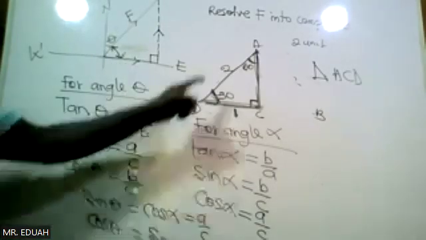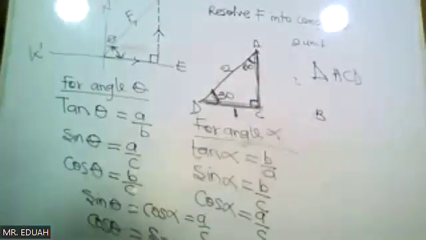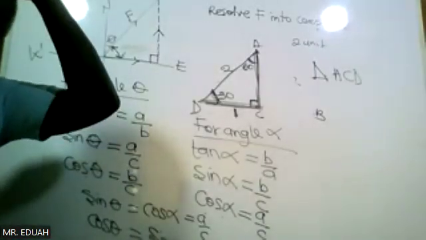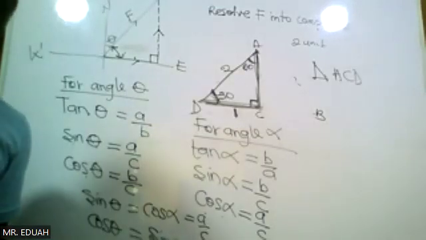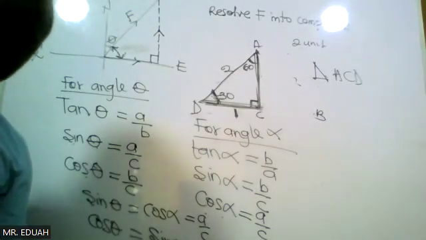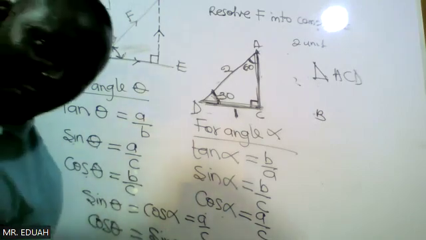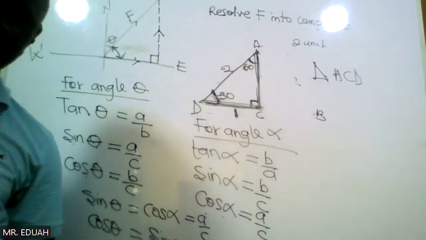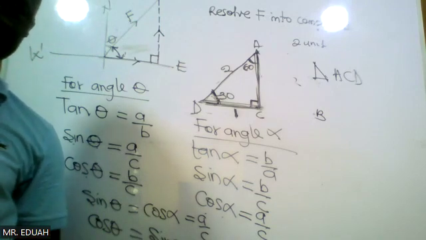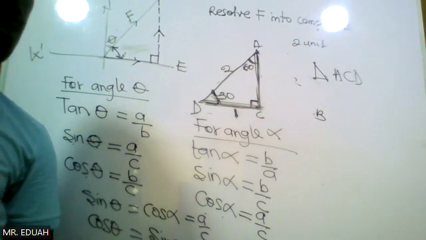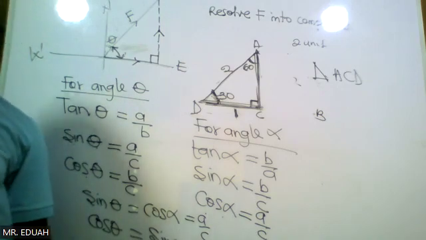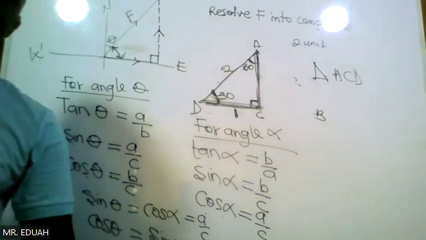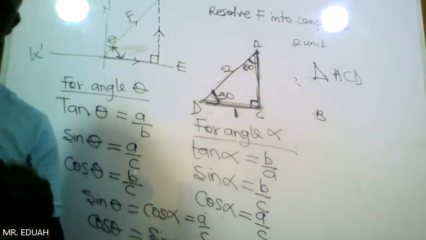What will be the side AC? 3? No. 1.7? Okay, leave it in whole number.